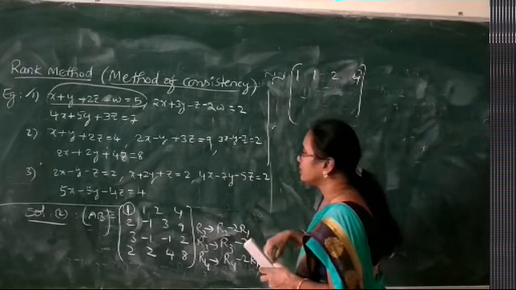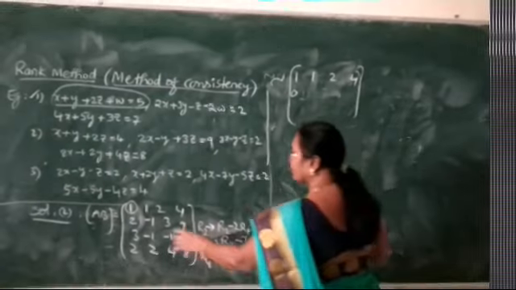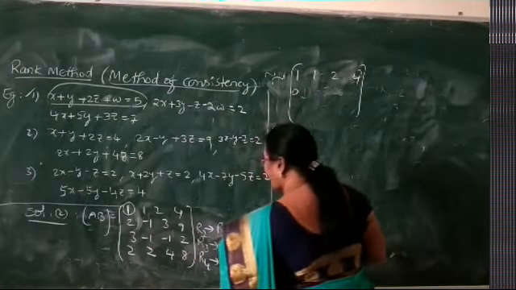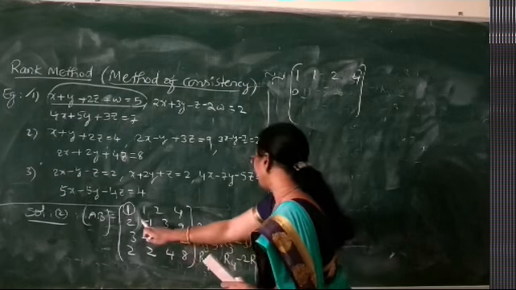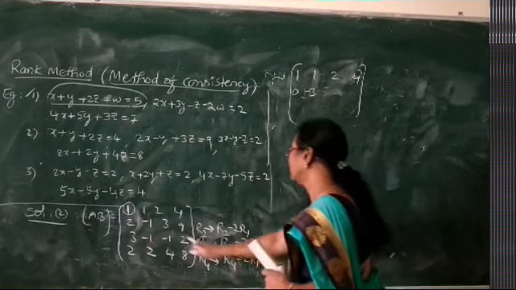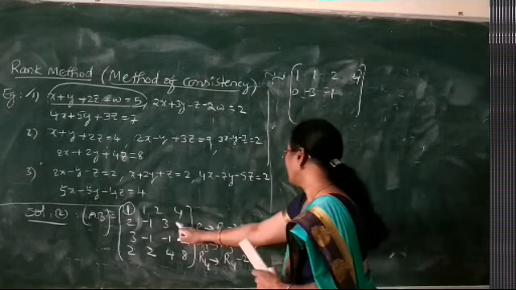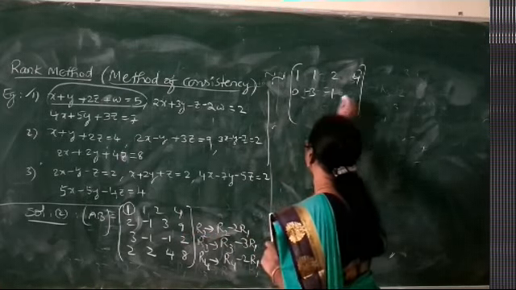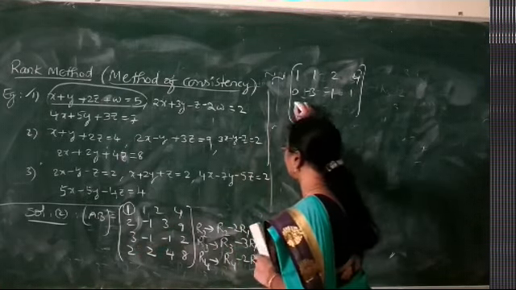Second row is 0. Next we have R2 minus 2R1. So it is 1 minus 2, minus 1. 3 minus 2 into 2, 3 minus 4. 9 minus 2 into 4, it is 9 minus 8. From R3 we have 0.